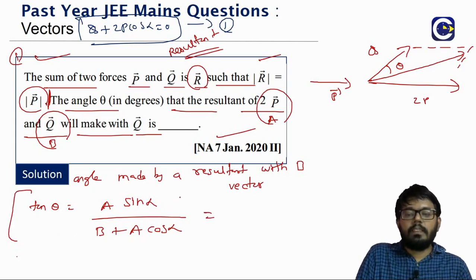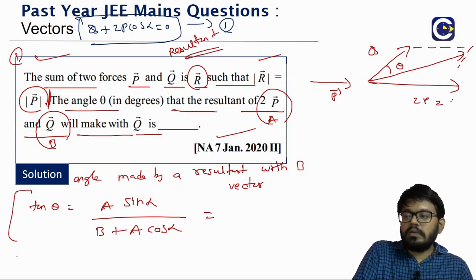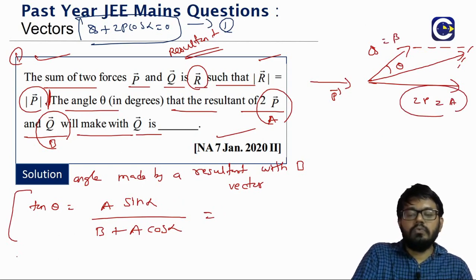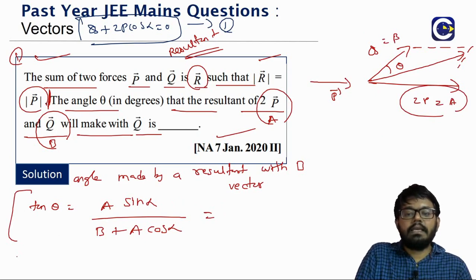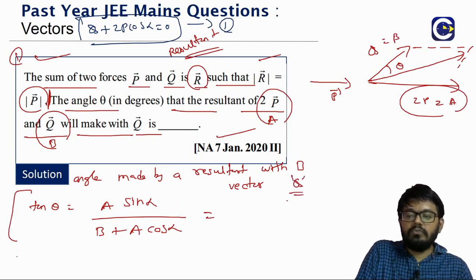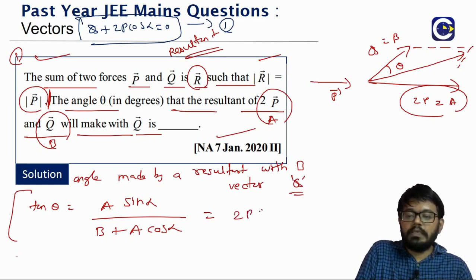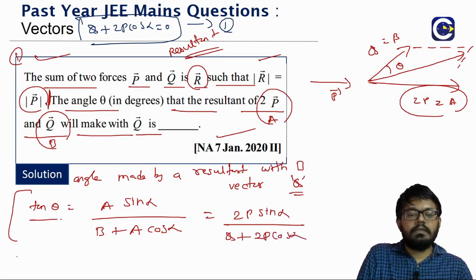So here A is 2P, B is Q. We are looking at the angle made by the resultant with the vector Q. So tan theta will be equal to 2P sin alpha by Q plus 2P cos alpha. That is the value of tan theta.